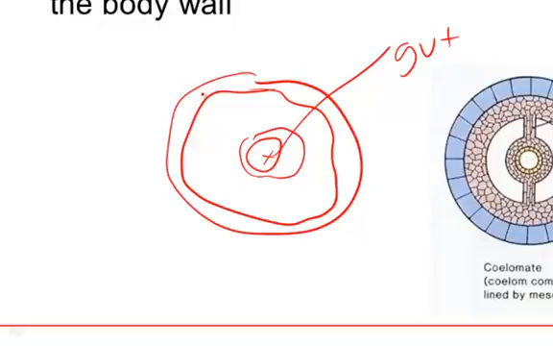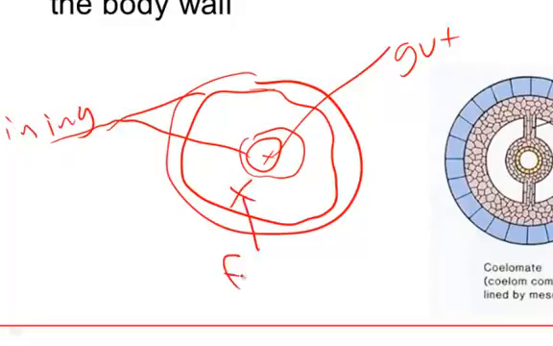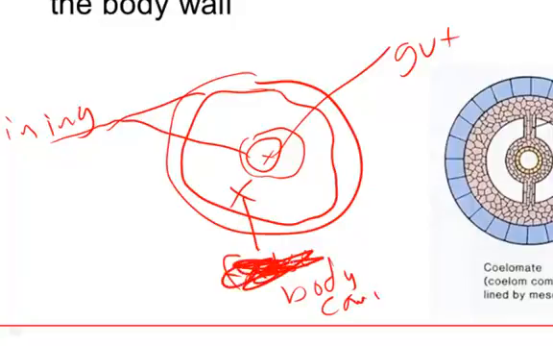This is a lining. And this space is a false body cavity. So you should make such drawings. False body cavity. Oh, I'm sorry. That's not a false body cavity. My mistake. It's a true body cavity.